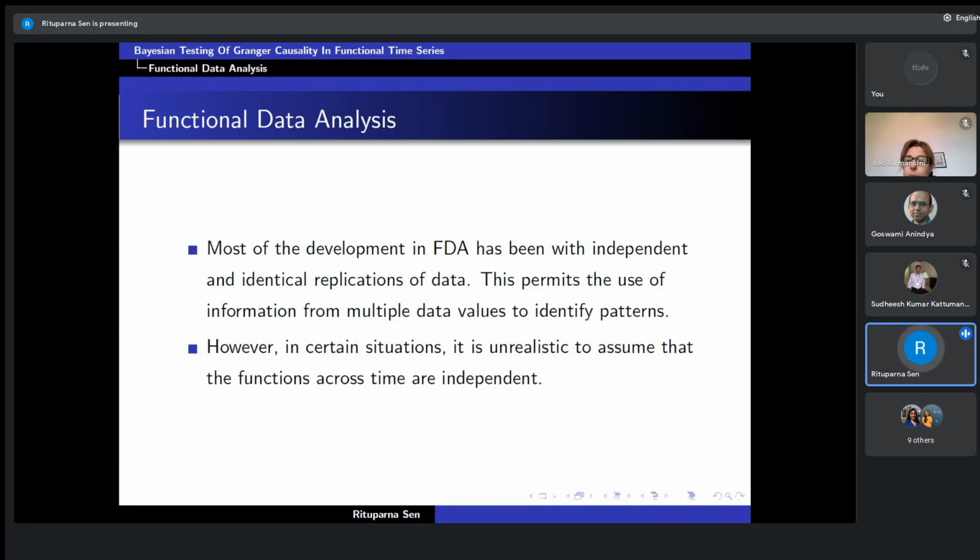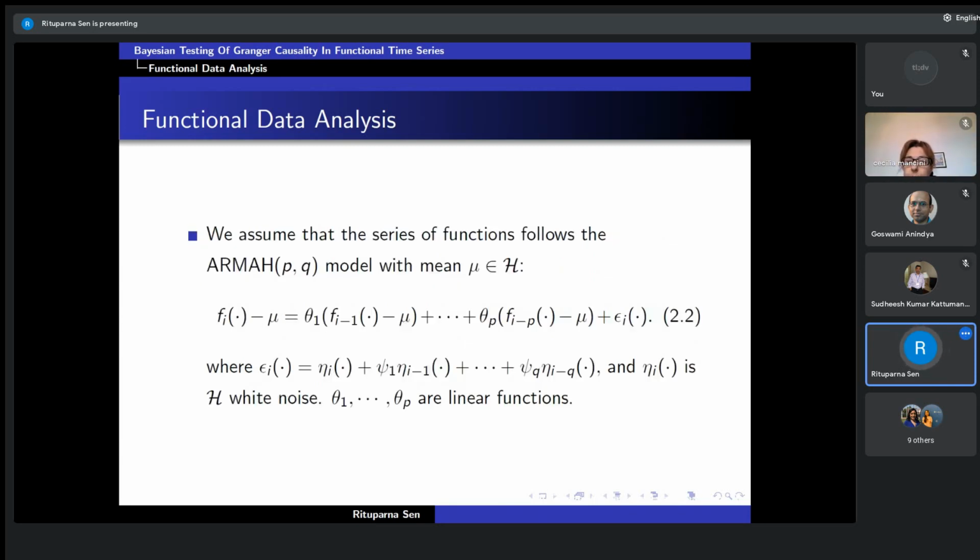So that is when I did this next work on time series of functional data, and that is where I used the yield curve for the first time, to model the yield curve as a time series. I'll talk more about the yield curve later, but this is the time series of functional data where across i I do not assume independence, but there is this time series of functions. You will see that this looks like an ARMA model, except that each Fi is now a function.